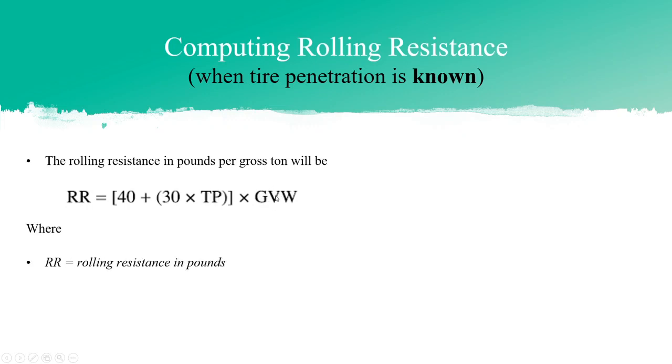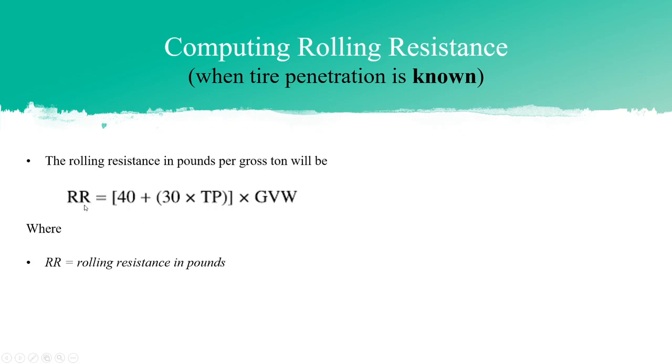It means for a light vehicle, even if there is some penetration in the soil, you don't need a lot of rolling resistance to make it move. But for a very heavy machine, let's say it has penetrated into the soil for 3 inches, and it is a very heavy equipment.